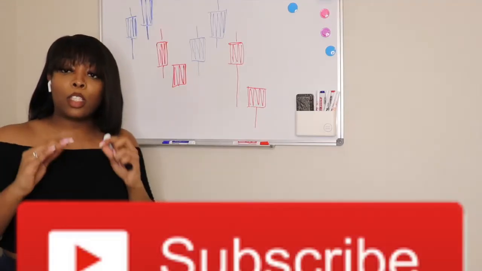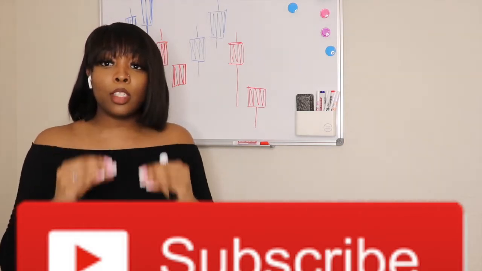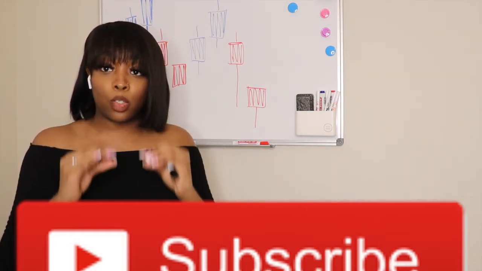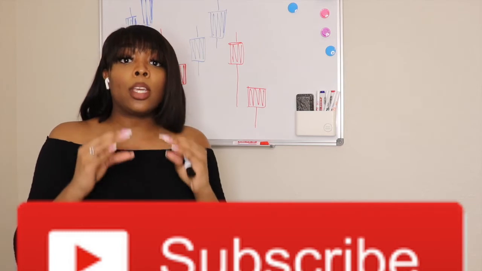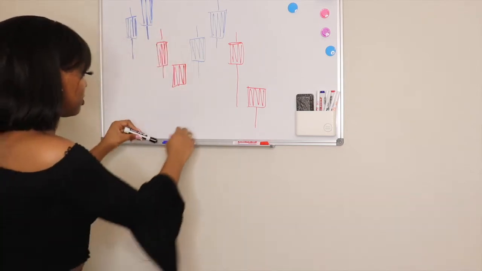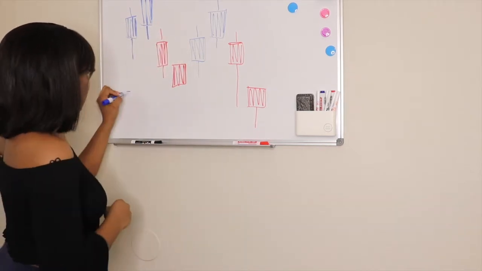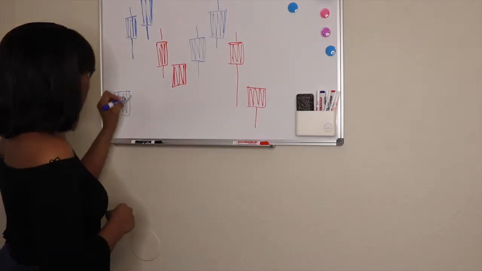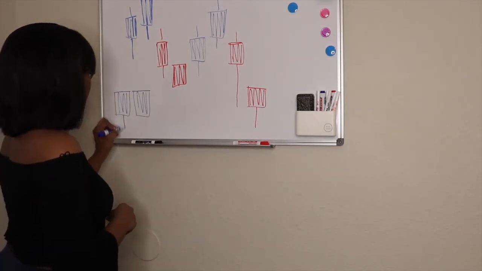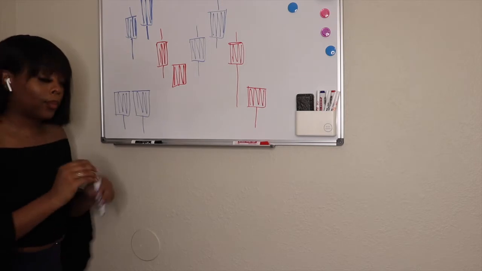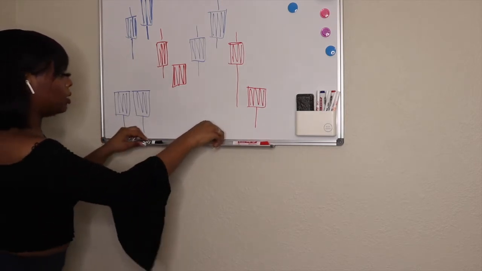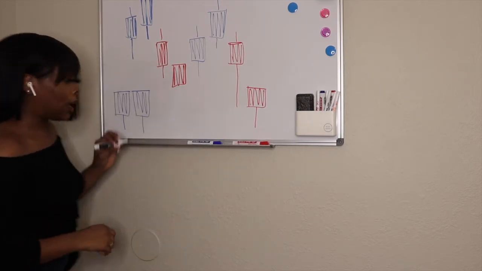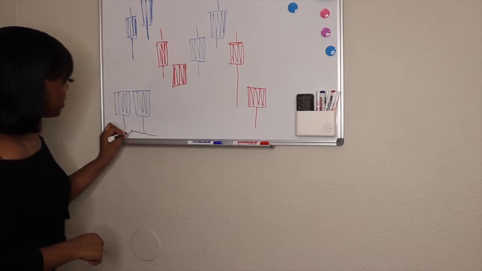You get your support and your resistance lines at twin trading candles. So when I say twin trading candles, this is what I mean. Do y'all see that? You want to make sure that your support line is at the bottom of this wick.